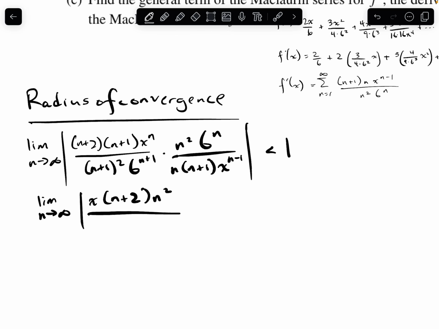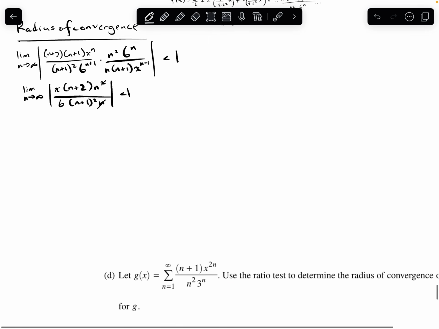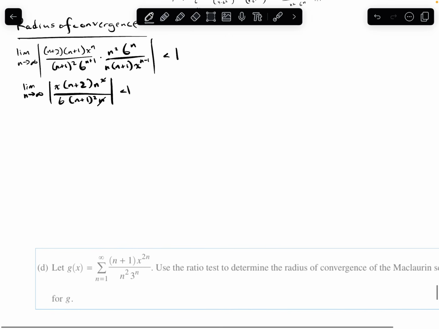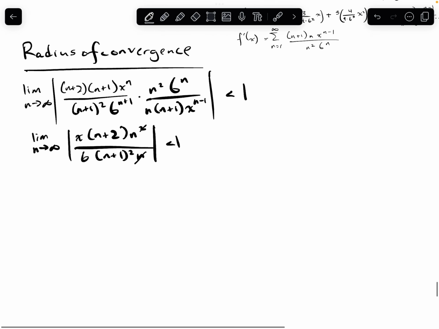So I'm just doing some basic algebra here and cleaning this up. Then you can do some simplifying. Obviously, this n goes into this n squared and so on. We can clean this up all the way until we get the absolute value of x over 6.